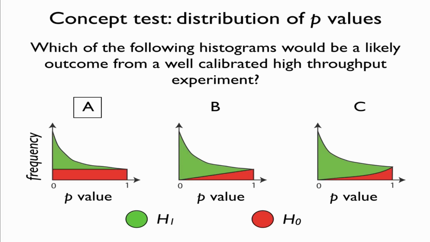In the following couple of slides, we will use this property, the even distribution of the p-values, to calculate the false discovery rate at a given p-value threshold.